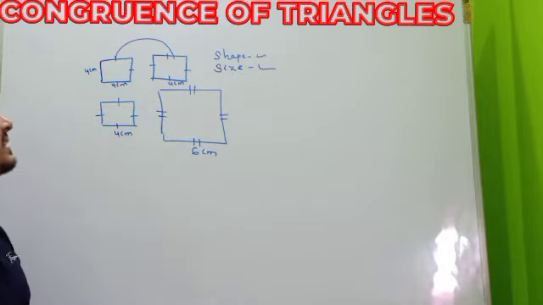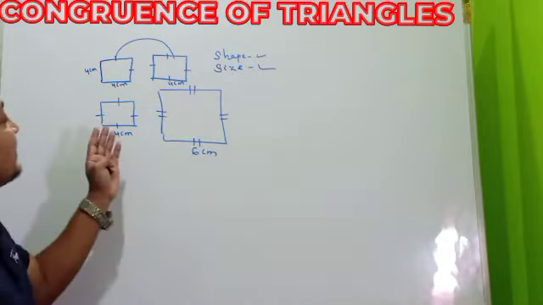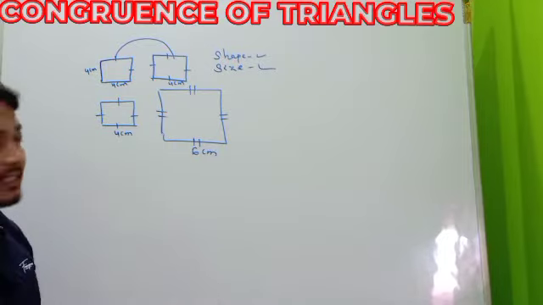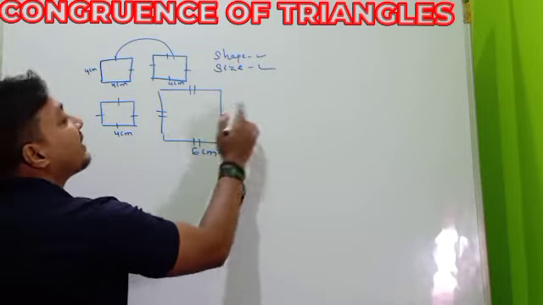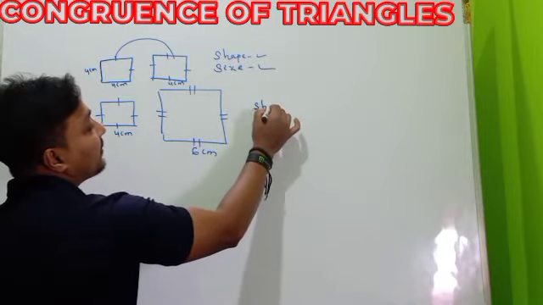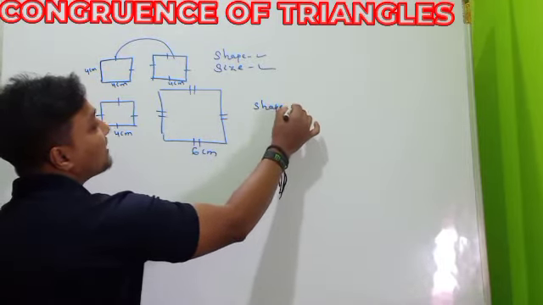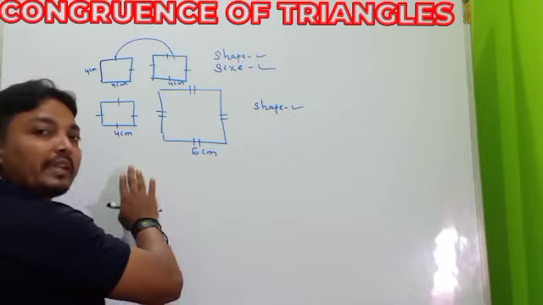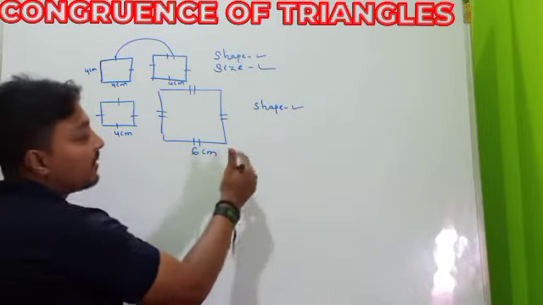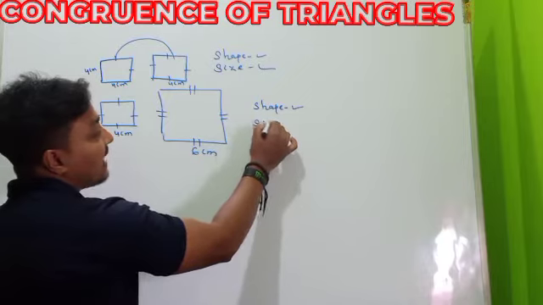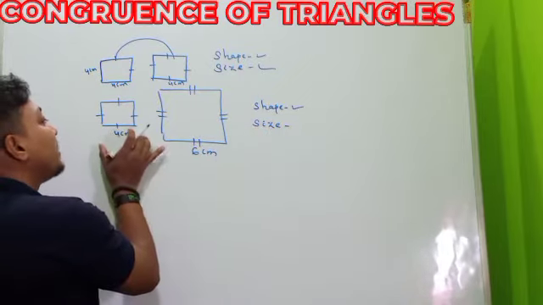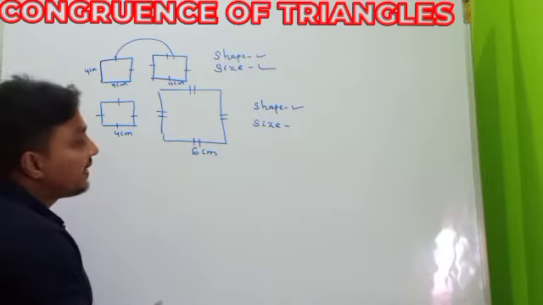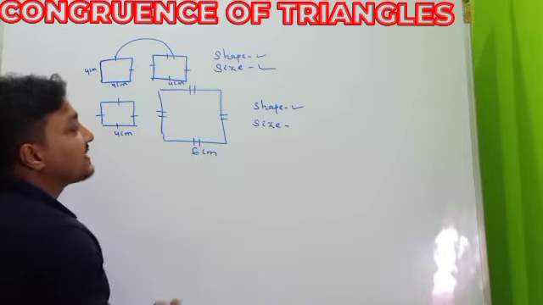One thing is confirmed: this shape's name is square and this shape's name is square. So both of them have the same shape, confirmed. Square, same shape. But the problem is the size is different. Everyone see, the size is different because each side is 4 centimeter and each side is 6 centimeter.